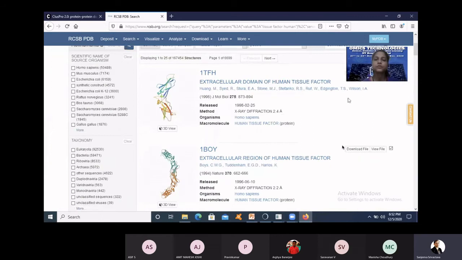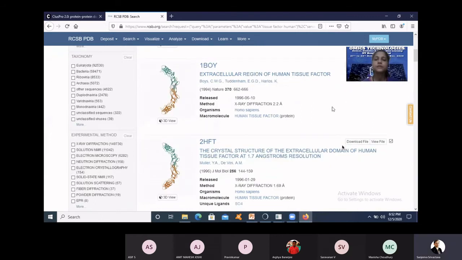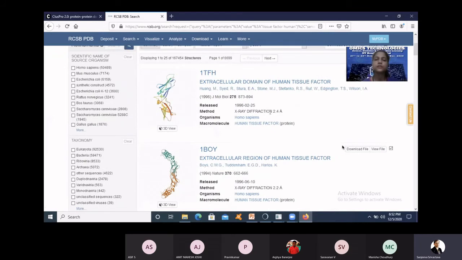These kinds of tissue factor structures we can take. The first thing we should always check before taking a protein is that it should not be a chimeric protein, and it should not be a mutated protein. The second thing is the organism. If we are talking about human proteins, then we should look for the organism human.